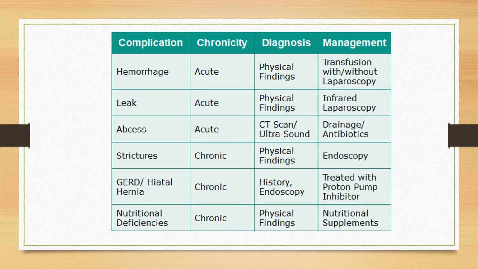So acute bleeding, how do we know that? Hypotension, tachycardia, abdominal bloating, abdominal pain. If they're hypotensive, they may be confused, altered mental status, okay? And they may need transfusion. Plus, they may need for someone to go in to the abdomen to stop the bleeding. So laparoscopically or an open procedure.